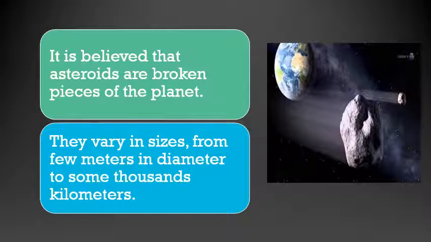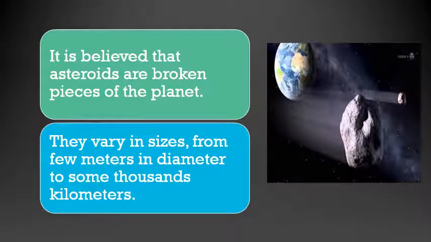They were supposed to form a planet, but it did not form, or they can be broken pieces of a planet. It can be the part that went missing from a planet when the planet formation was taking place, or these are the different parts of a broken planet.